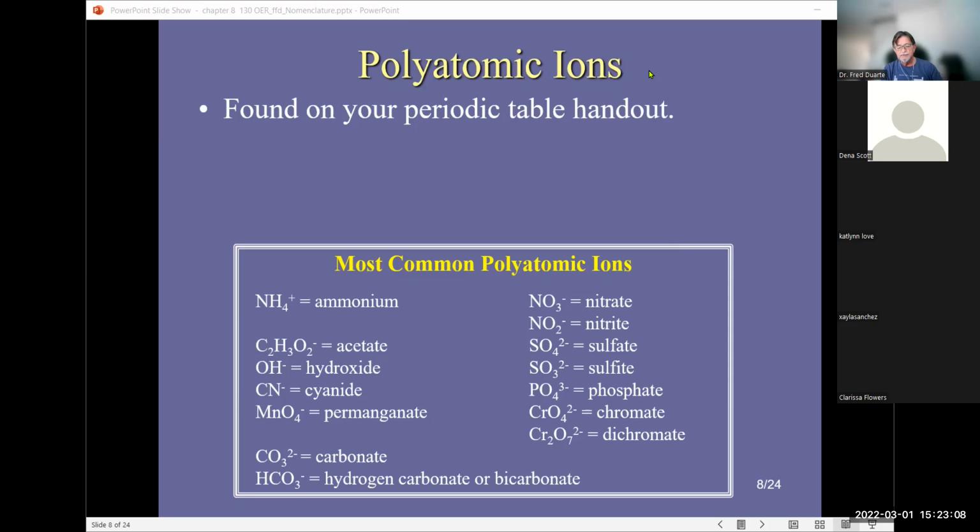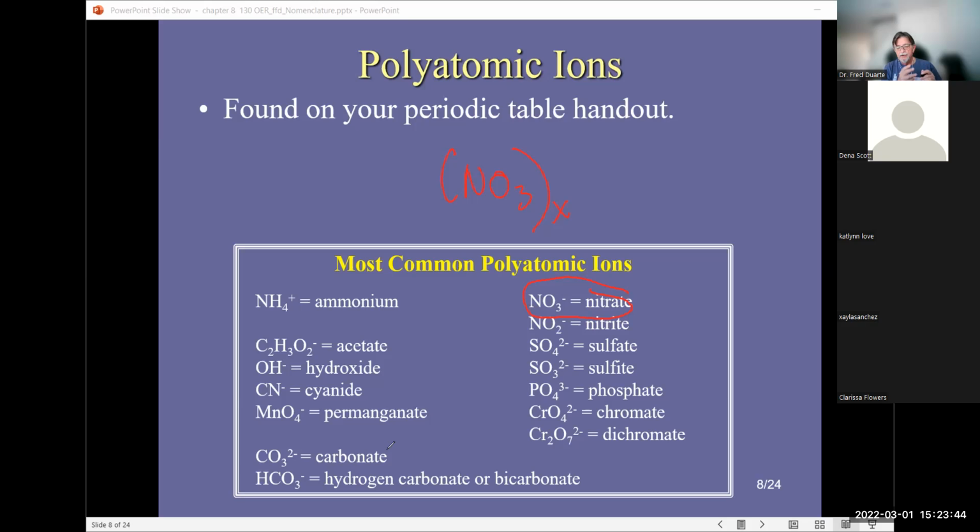If for whatever reason we need more than one, let's say nitrate, what we do is we put a parentheses around it, and we do a subscript X, where X is greater than 1. If you only need 1 nitrate, then you don't need a parentheses. But if you need 2 or more, then we put a parenthesis to show you how many of these nitrate ions you need, okay? Keeping in mind that each nitrate ion has a -1.